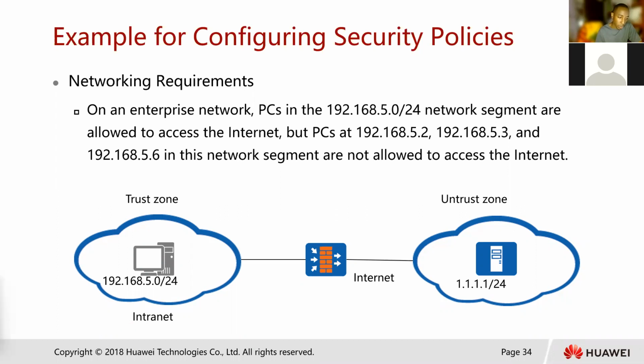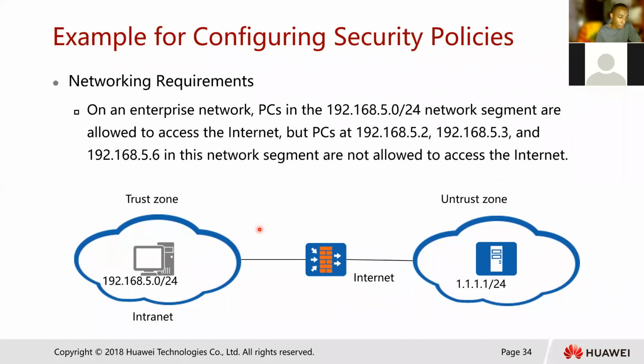Yeah. So when looking at, for example, an enterprise network, the PCs within the 5.0/24 network segment are allowed to access the internet, but PCs at .2, .3, and .6 in this network segment are not allowed to access the internet.